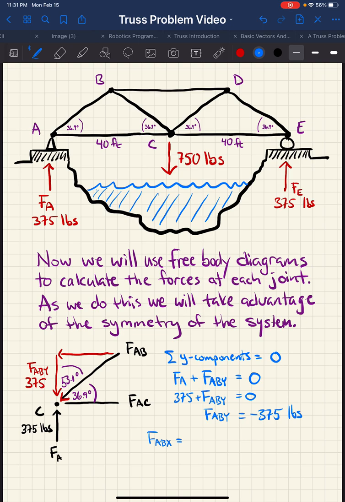All right. Well, the tangent of 53.1 degrees is going to be FABX over FABY because it's opposite over adjacent.